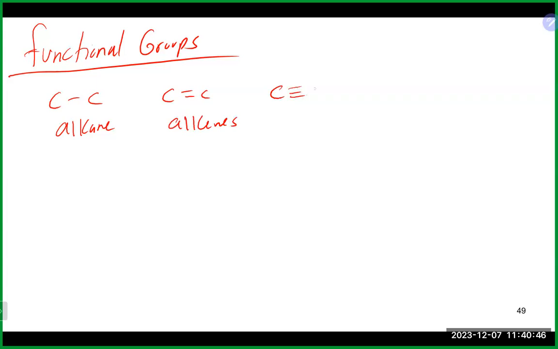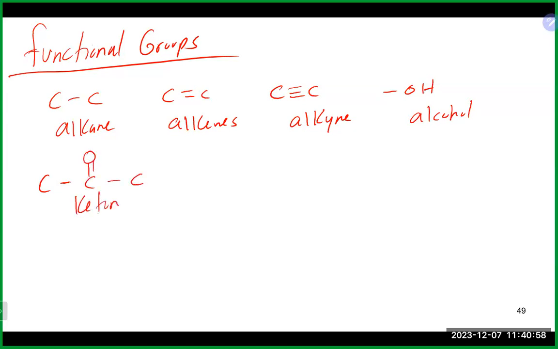If you have a triple bond, those are alkynes. If you have an OH group, that's an alcohol. You have a carbon, carbon, carbon with a double bond in the middle. That's our friend, the ketone. Carbon, double bond, oxygen, hydrogen. That's an aldehyde. Carbon, oxygen, carbon. It's an ether.